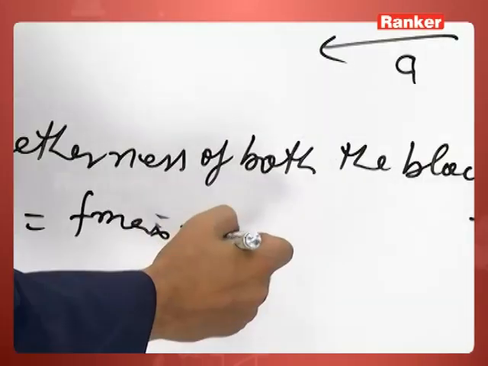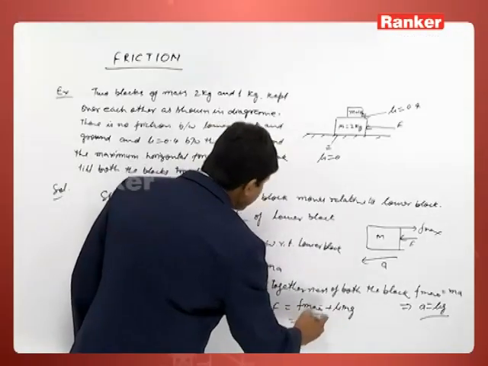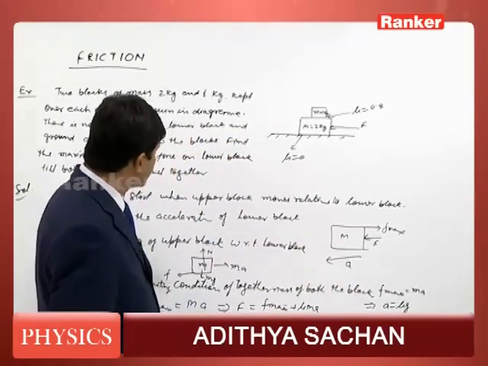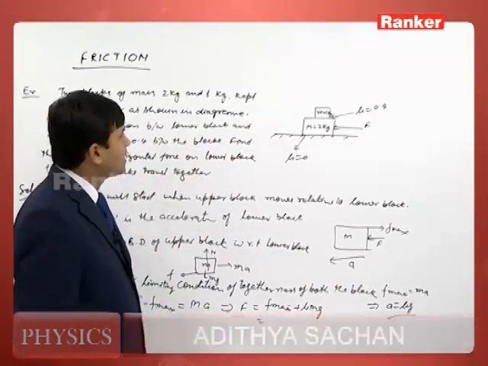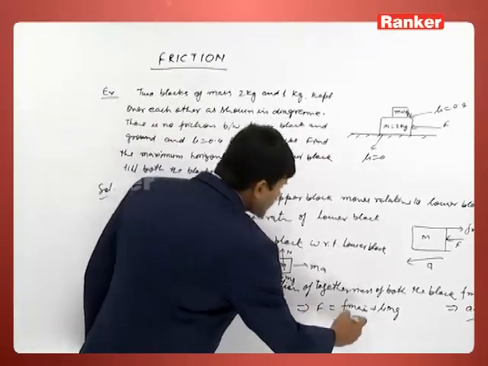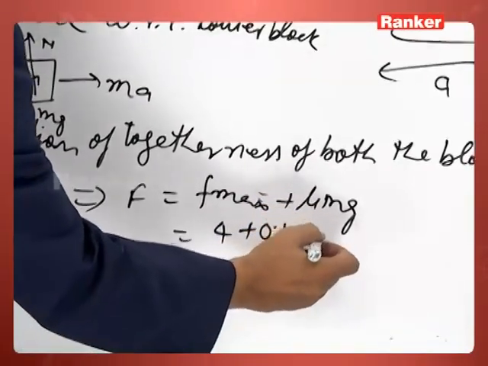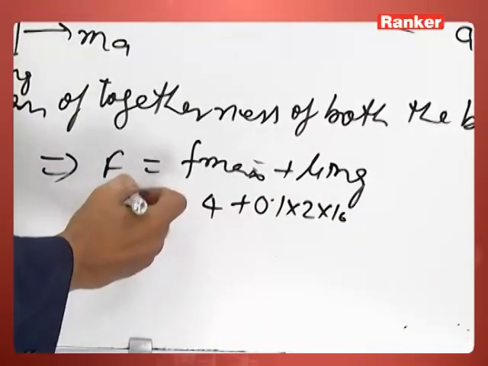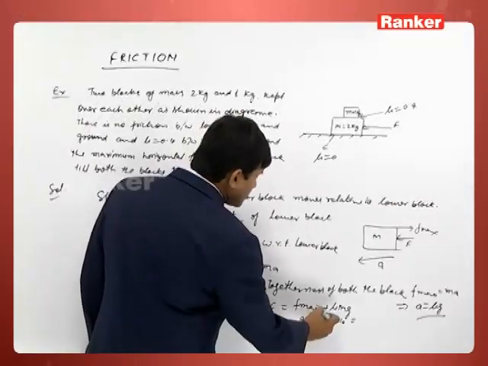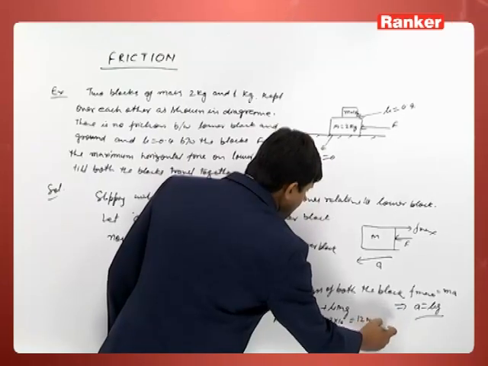Capital M A is capital M mu g, and the F maximum value is mu into N. Mu is given as 0.4 and mg is 10, so that is 4, plus mu is 0.4, capital M is 2, g is 10, so F is equal to 4 plus 8, which is 12 Newton.